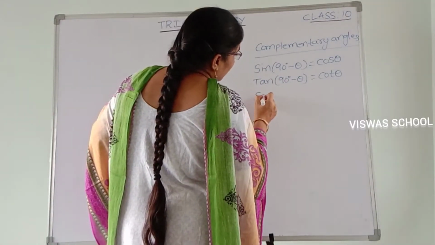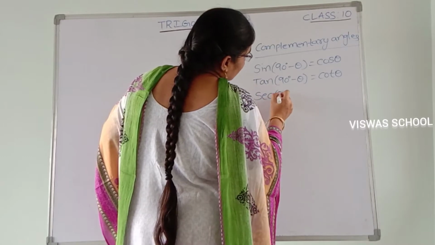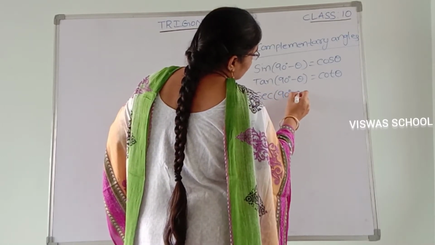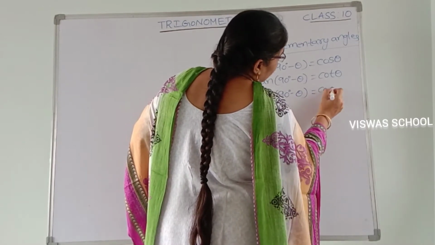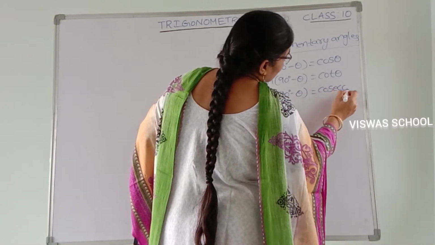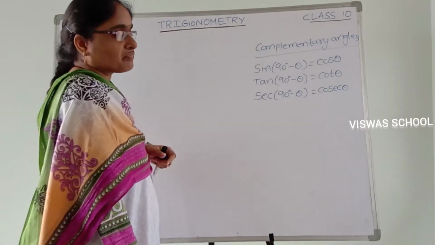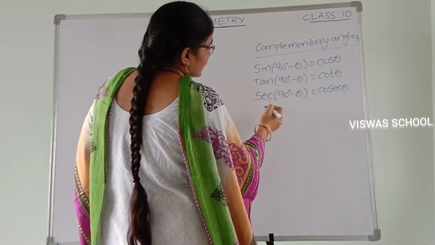Secant of 90 degrees minus theta is equal to what? Cosecant theta. And next one is what here?